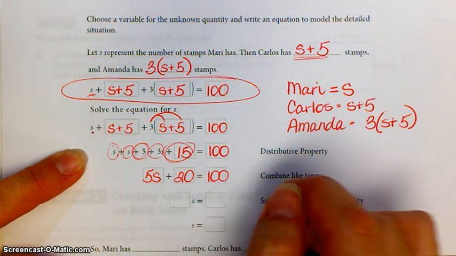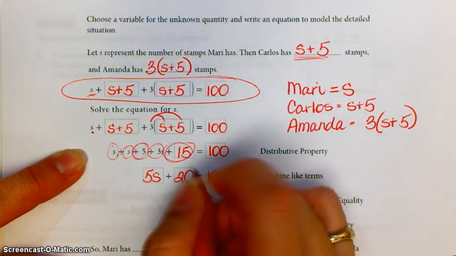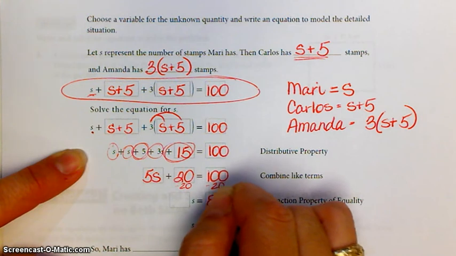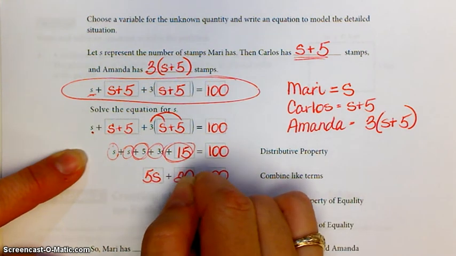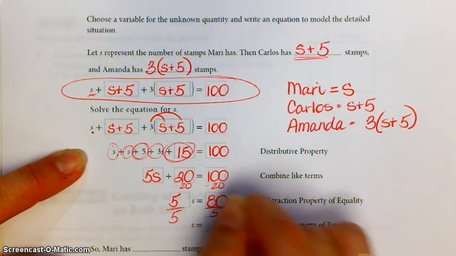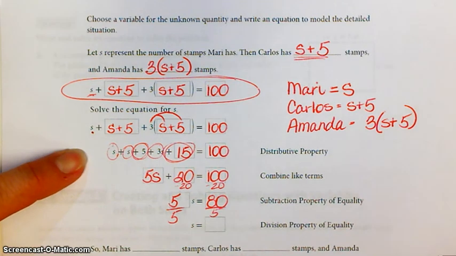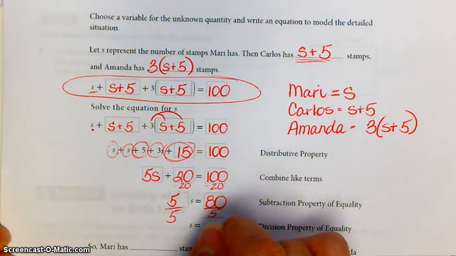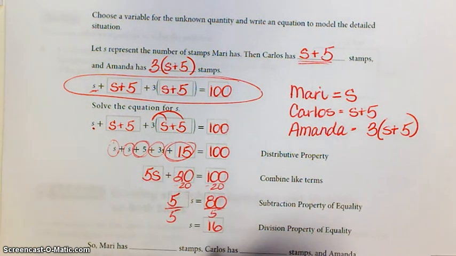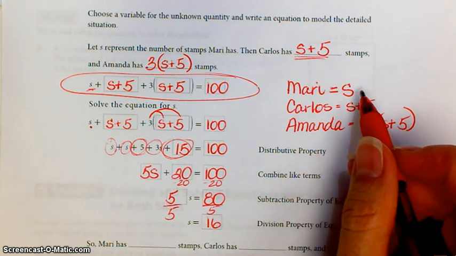And then if I mentally just say minus 20 on both sides, that's going to be 80 equals 5S. Divide both sides by 5, and S is equal to, I think that's 16. There you go. So S, remember, go back up here, S is the number of stamps that Mary has.